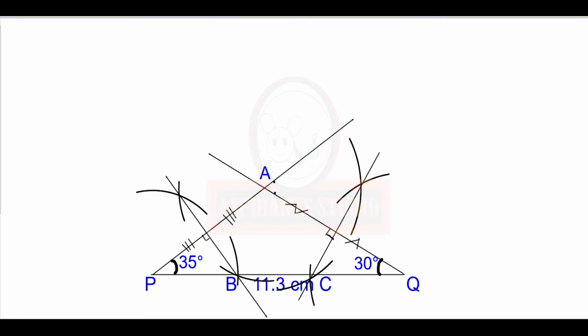So you have named the points as B and C, where the perpendicular bisectors intersect the segment PQ.